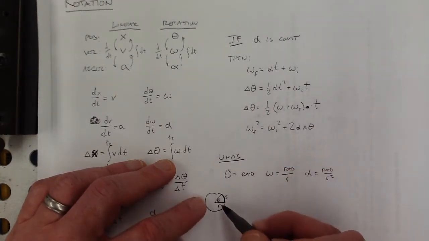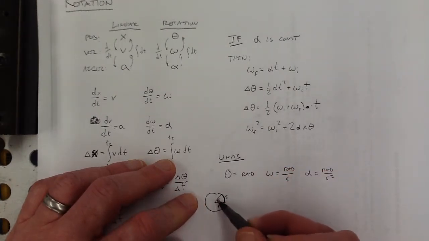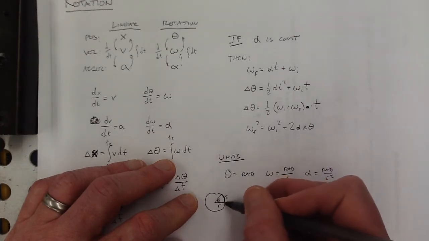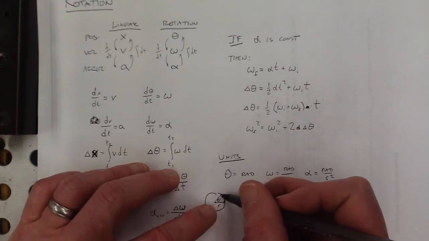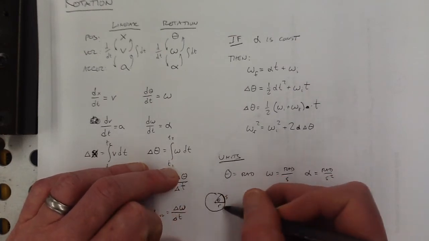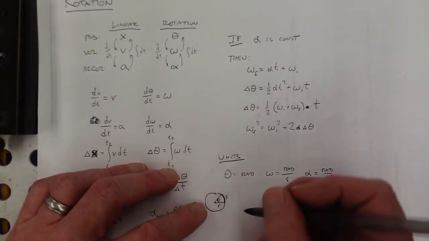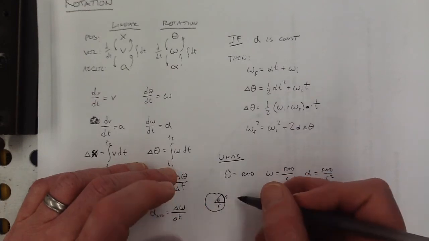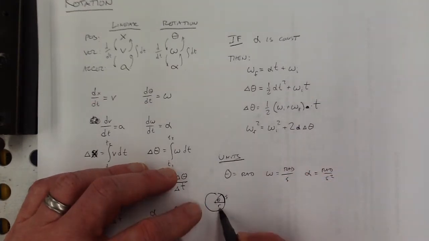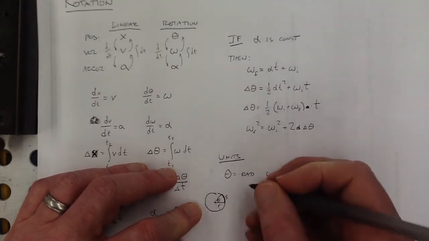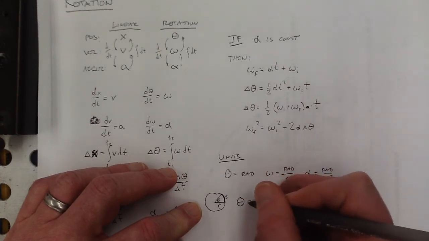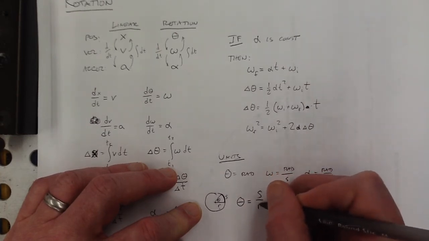If this is the unit circle and this is just 1, then theta is just equal to s. This is the radian measure. If it's a circle of radius 1, then that's pi over 2. The whole thing is 2 pi, and so on. So in general, if it's a bigger circle or smaller circle, you just have to scale by that radius, and theta is equal to s over r.